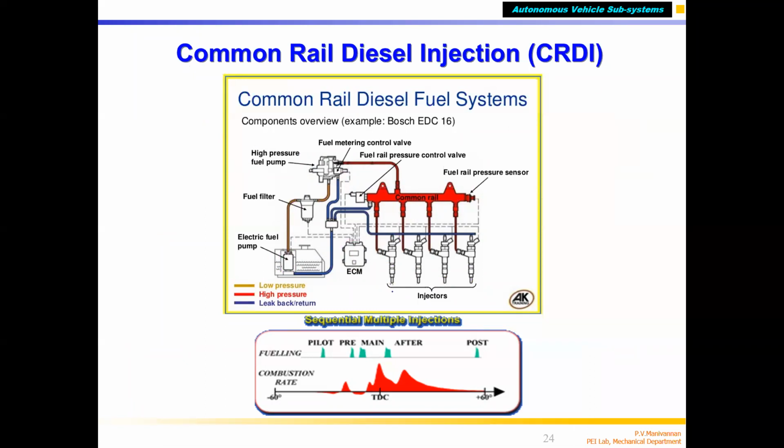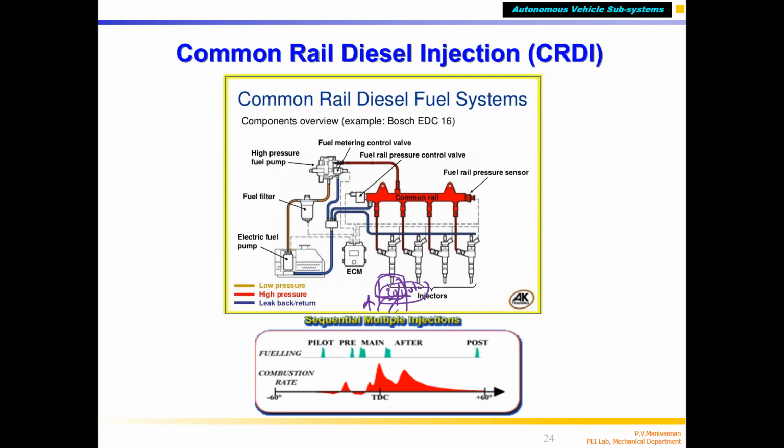When you compress, the pressure may be 30 to 40 bar or 50 bar of compressed air just before TDC, with the piston moving up. If fuel has to be injected, the fuel pressure should be higher than the air pressure. That is why we inject at around 1500 bar.